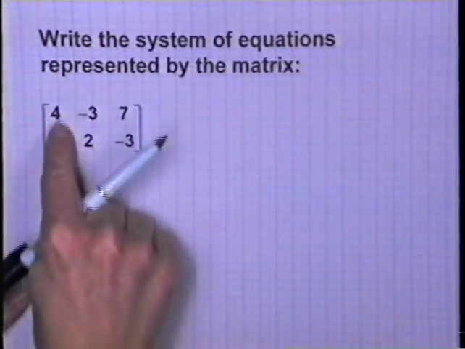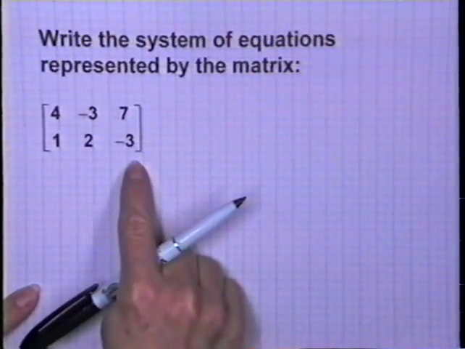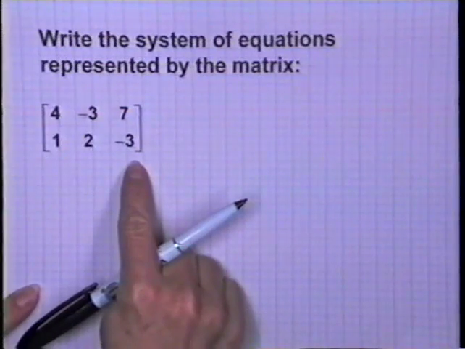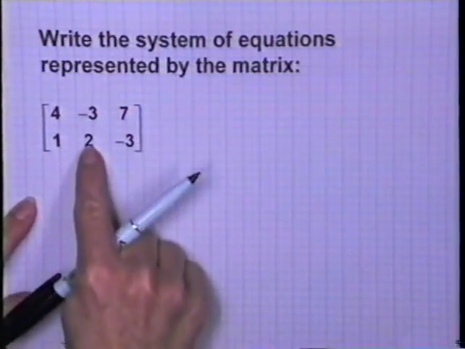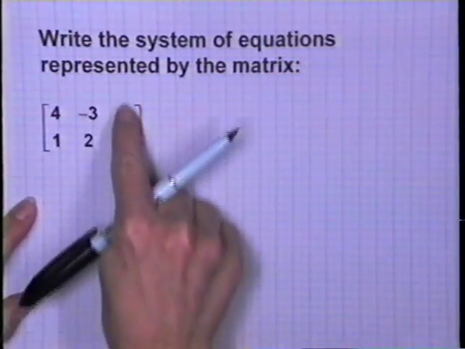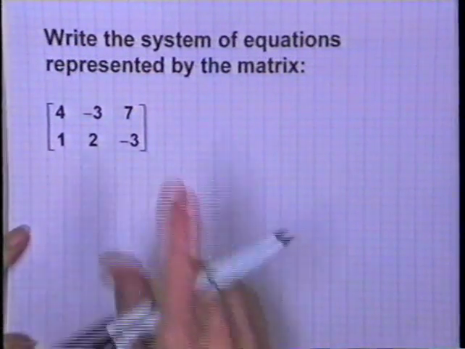Now remember, the first columns are the coefficients of my variables. The very last column would be my constants that the equations are equal to. So because of that, I can see that I will have two variables and then constants. You may choose whatever variables you want to use. Of course, generally we like to use x and y.